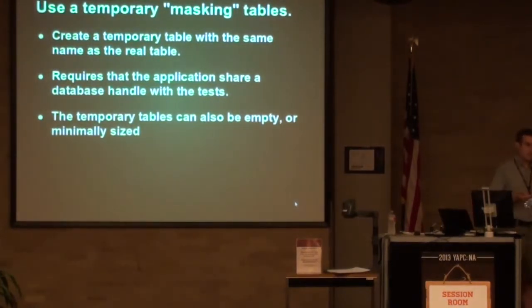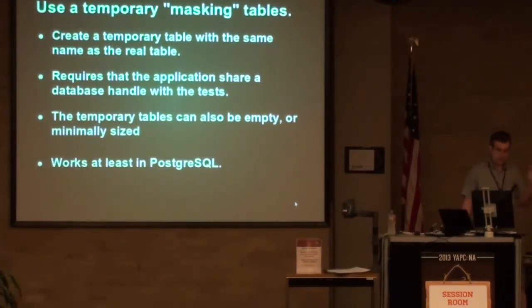And so you get two speedups from this, the parallel safe speedup, but also your temporary table that you use to mask the actual table can be empty or minimally sized. It can be whatever you want. So if the old slow test used to run on 10,000 rows, you can now run on 0 rows, 10 rows, however many you want. And I'm going to go into more detail on these points. And yeah, as I said, works at least with Postgres.